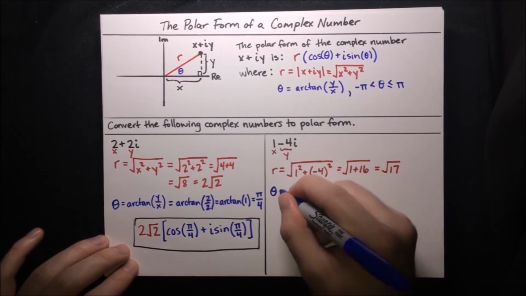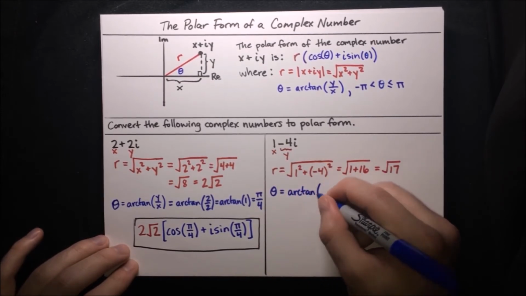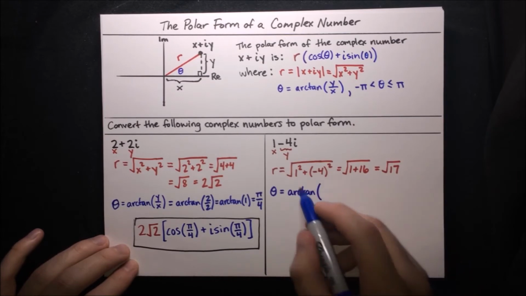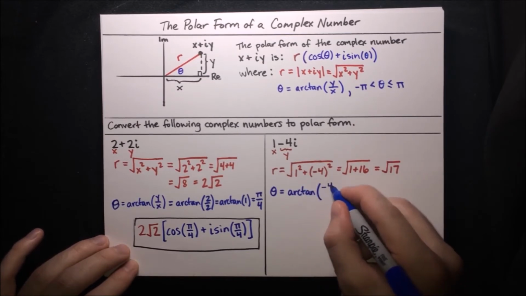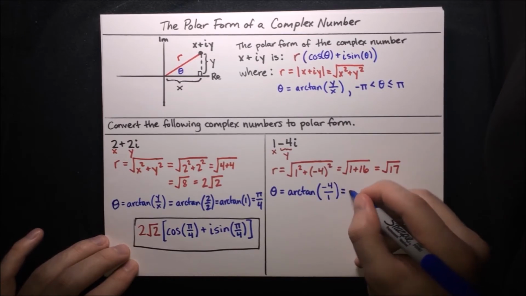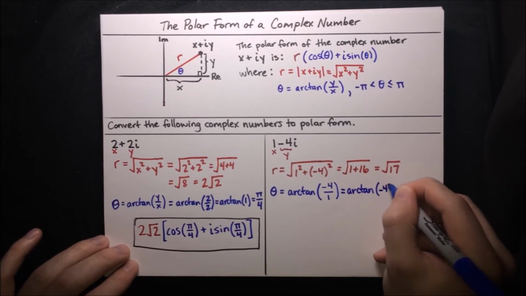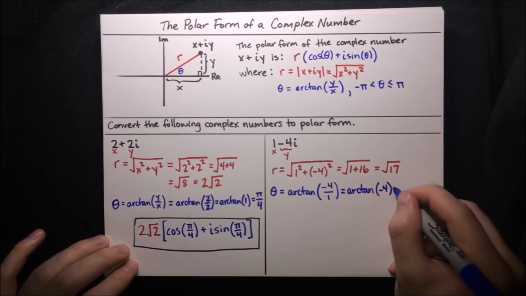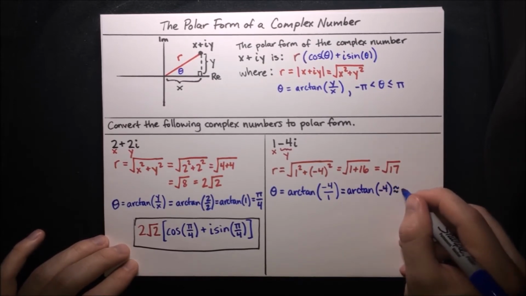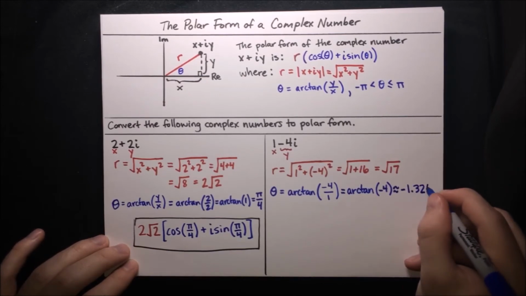And theta is arctangent of y over x. So arctangent of y is -4 and x is 1. Arctangent of -4 over 1 is just arctangent of -4. And if we punch that into our calculator, we get that's approximately equal to -1.326.